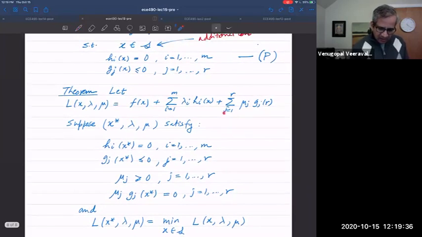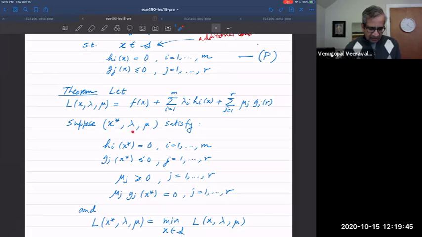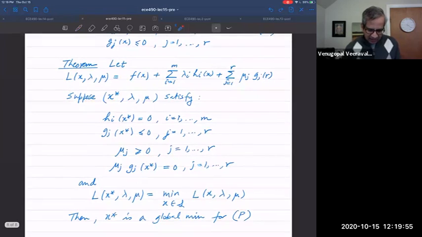And then check to see if there exist x star, lambda, and mu that satisfy the constraints. So x star is feasible. And then these are the KKT conditions. So mu j has to be non-negative, and the complementary slackness condition.